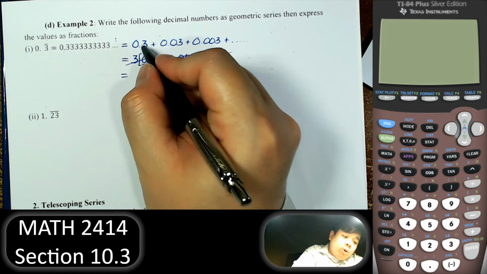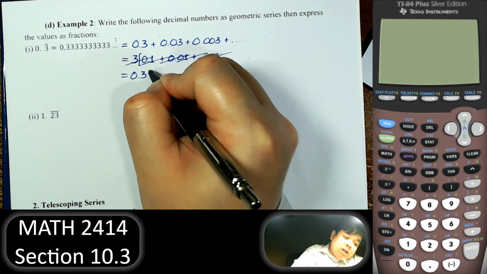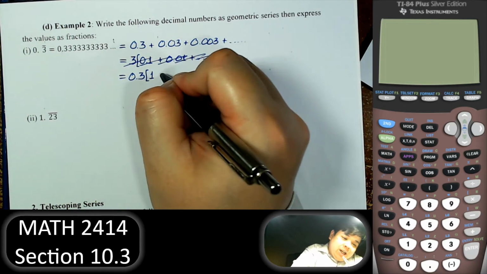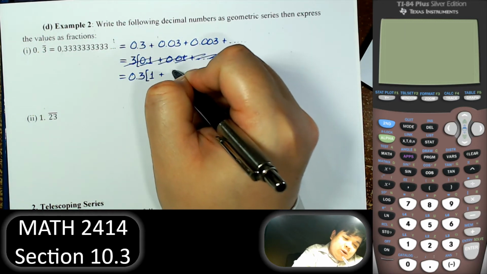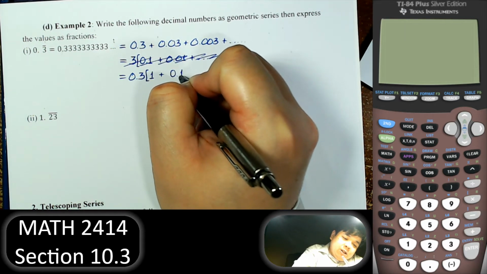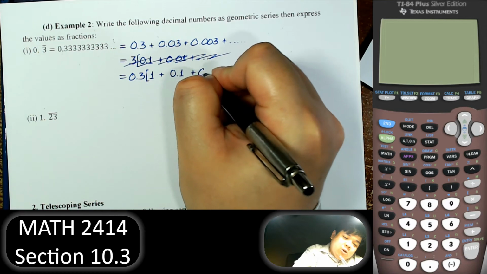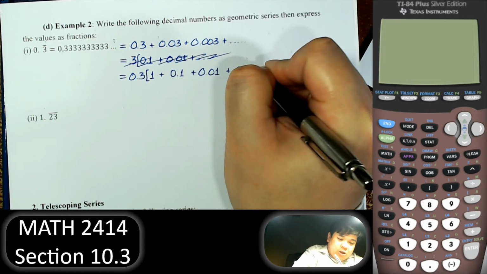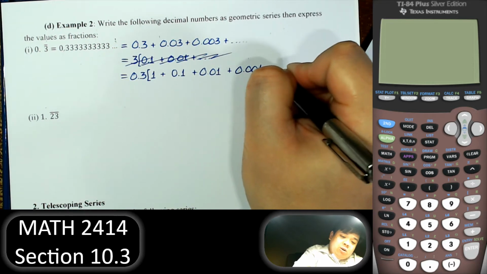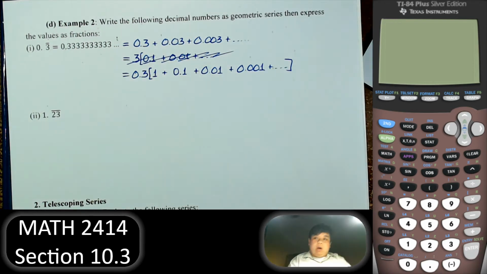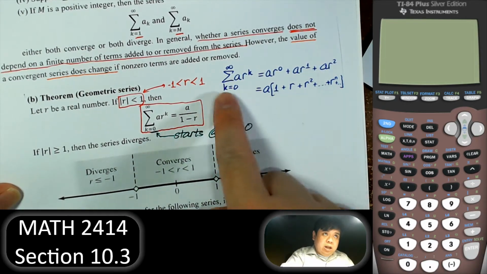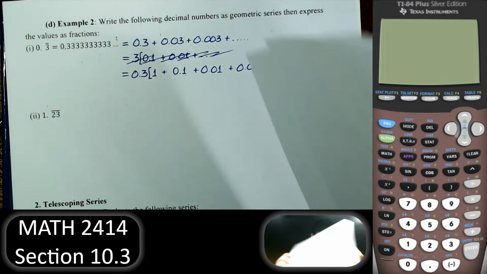What we actually want to factor out is something so that we have 1 on the first one. So that's good. Next, it's going to be 0.1. And then 0.01, 0.001, and then so on. So that's exactly what we want. So exactly as the sequence, as the series goes.